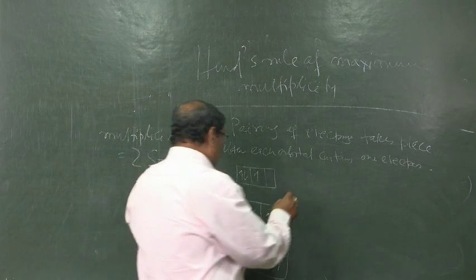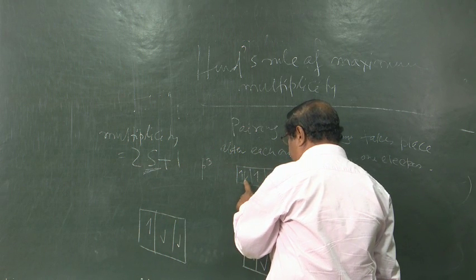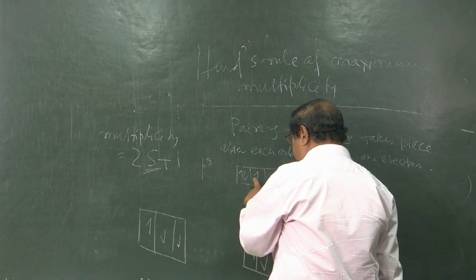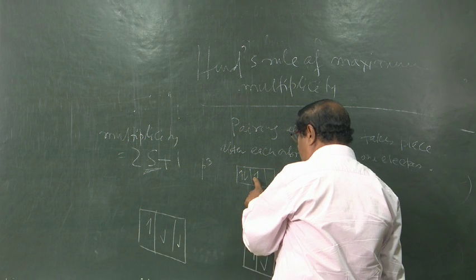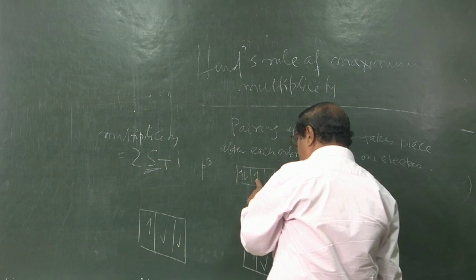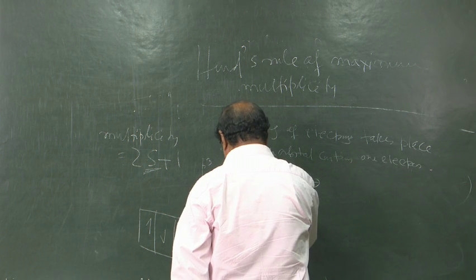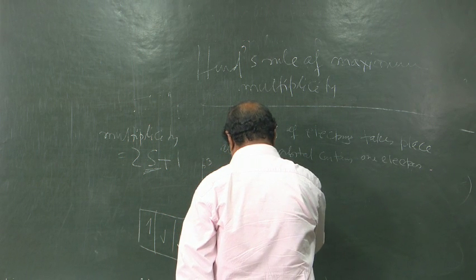Now look here. Here 2 electrons are paired. Here plus half, minus half, 0. So S is equal to 0 plus half, since each spin is half. This is plus half, this is minus half, and this is half.